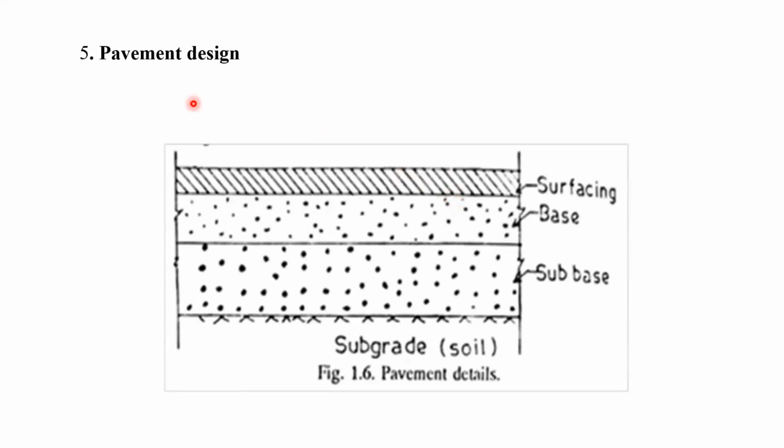Next, you can see the pavement design. Whenever we are going for the construction of roads, we have to study the geotechnical properties or physical properties, which are also called engineering properties of the soil, because the thickness of the pavements depends upon the strength of the subgrade materials.